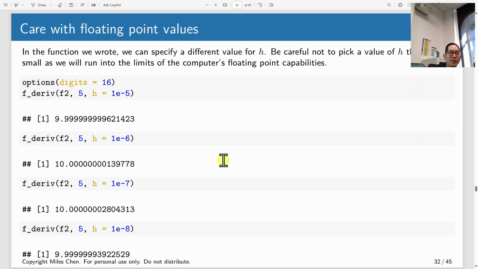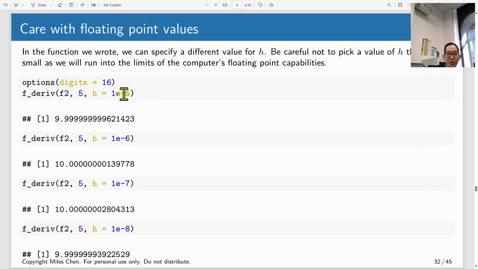Okay, and so just to illustrate some of the issues that we run into, I print a whole bunch of digits, 16 significant digits, and I'm trying out different sizes of h.